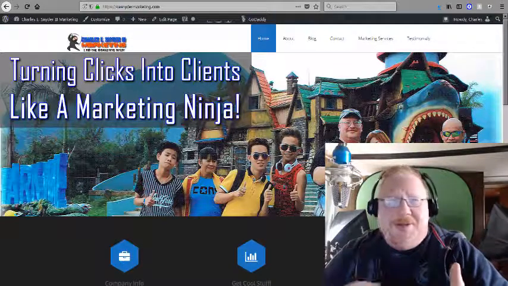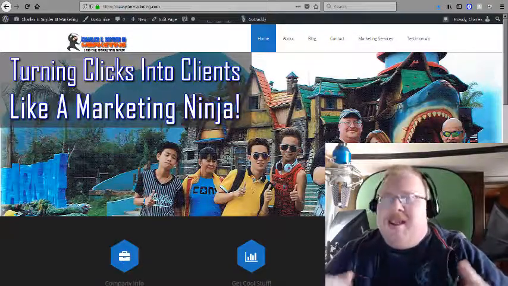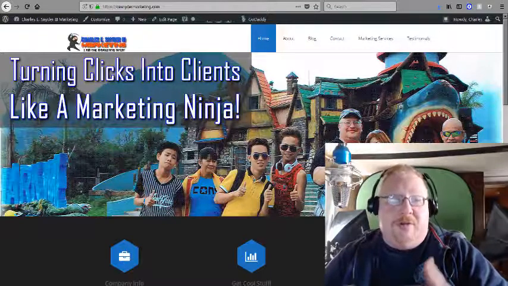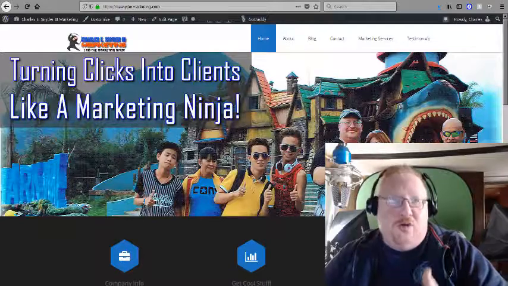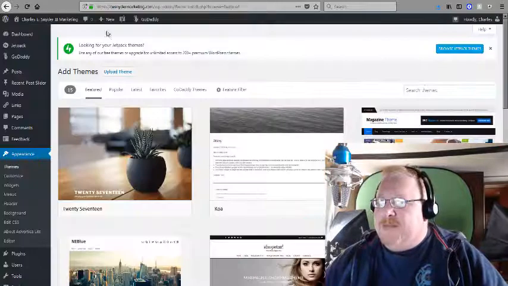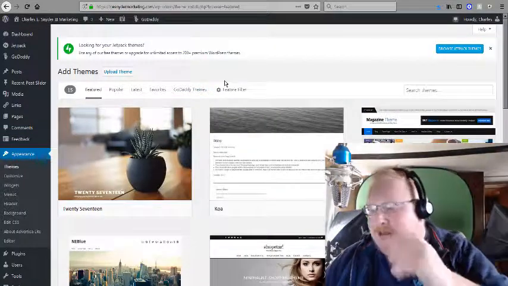You ever seen those images that just rotate? The more of that you have on your home page, the slower your page will load.